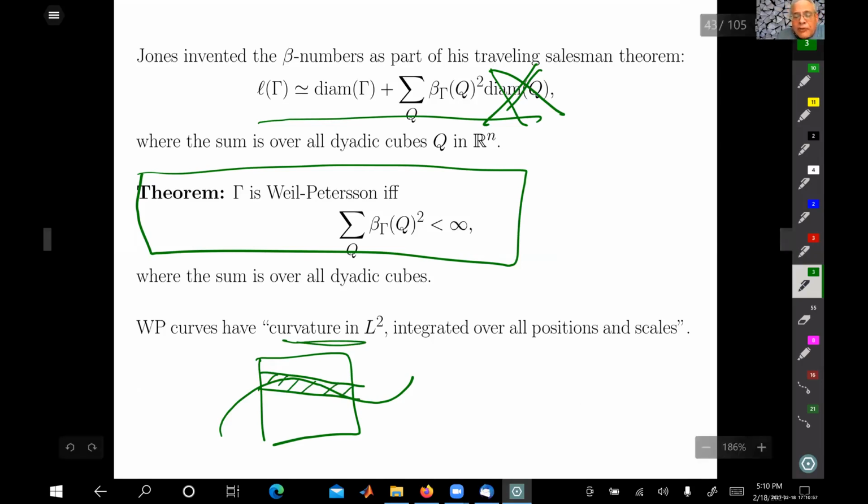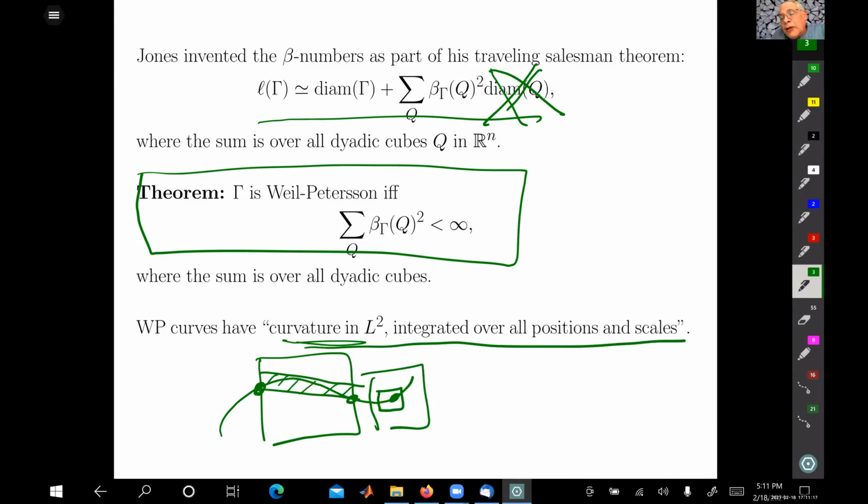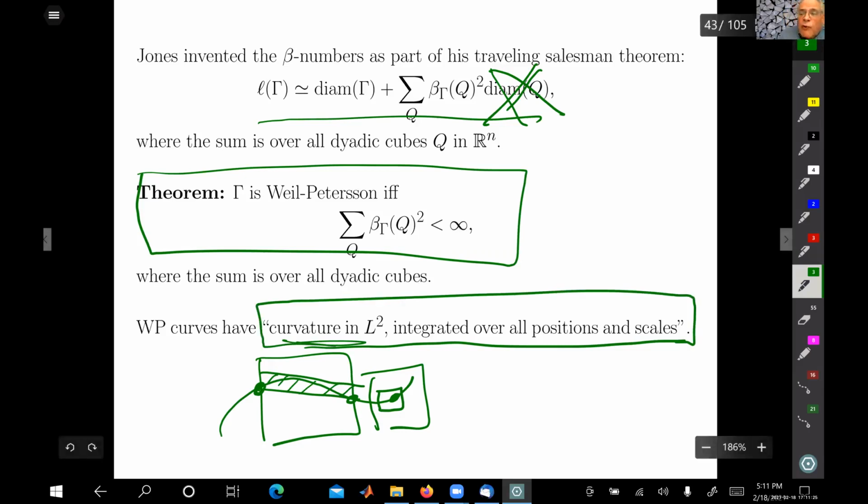I'm not thinking of curvature as being a pointwise thing, but as being associated to an arc. Given this arc, how bendy is that arc? This condition says that when we sum over all possible positions and all possible scales, so around every point there are boxes of every scale, the curvature is in L2 after you sum or integrate over all positions and scales. All the different characterizations of the Weil-Petersson class we know can be put into this format.